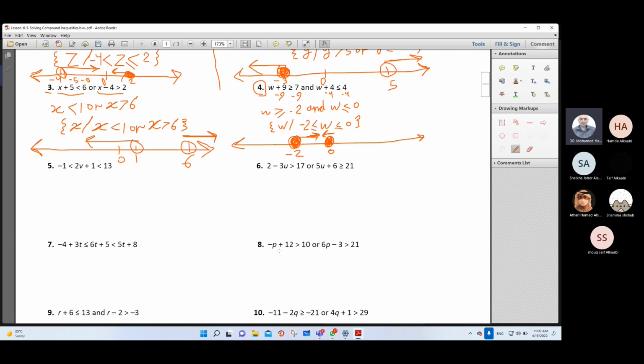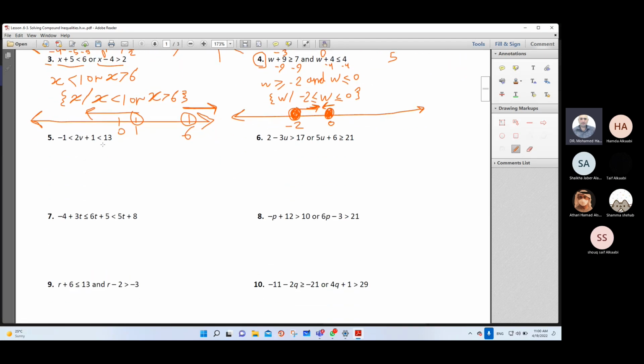Fine. The second case, also here we have a compound, but here we want to separate this inequality into two parts. This is here the first part, and here the second part.